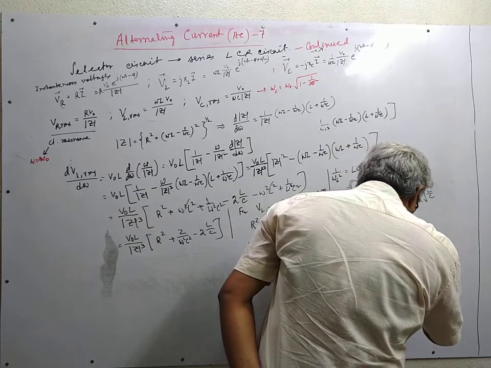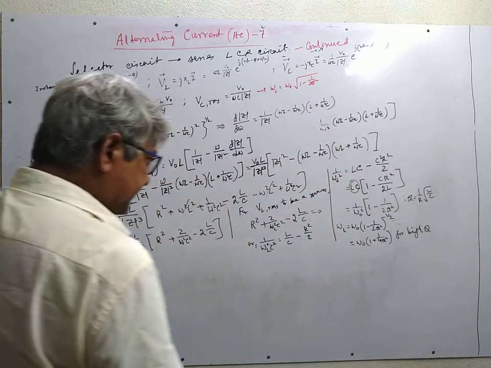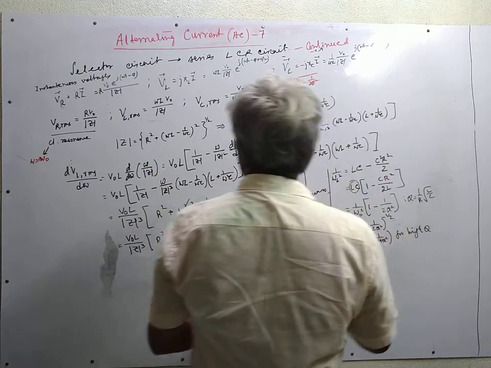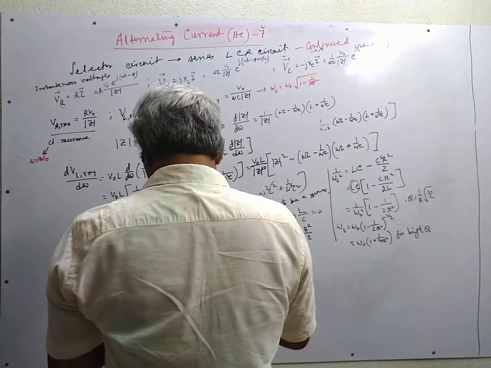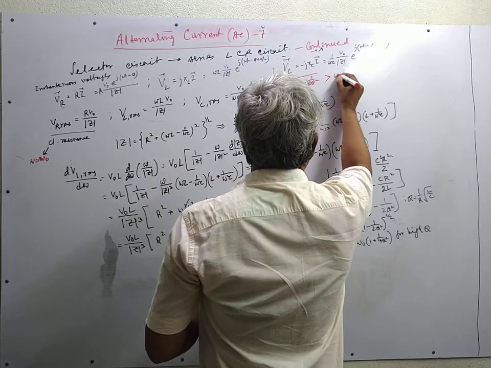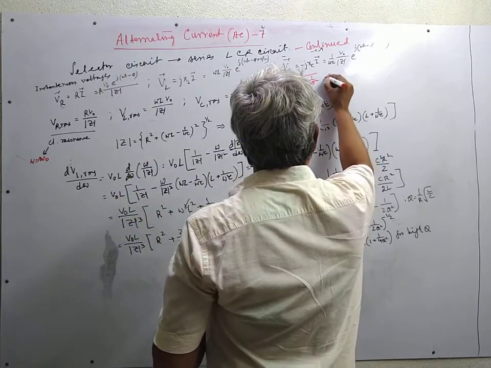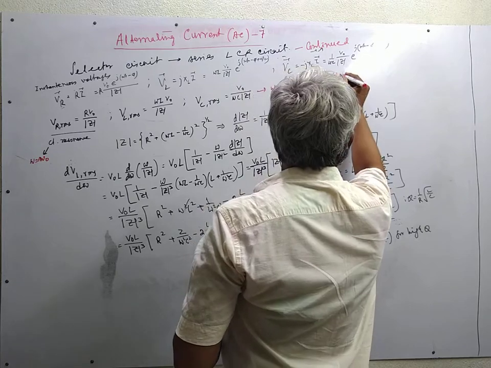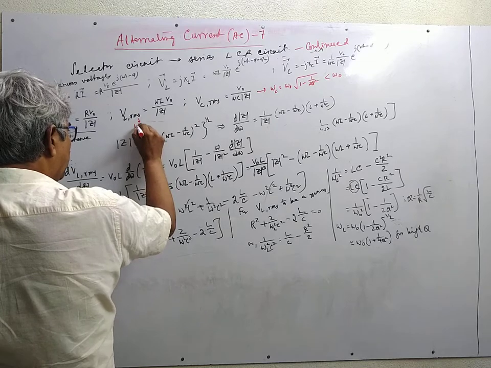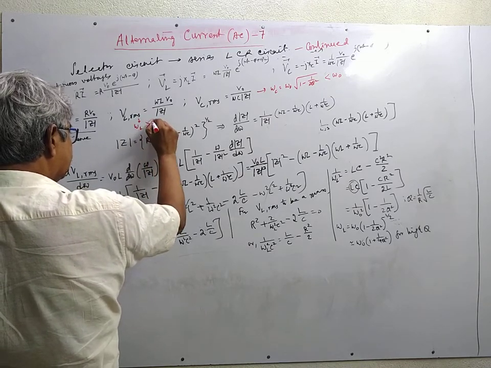For low Q, this result is not valid. But whatever may be the result, it is found that omega L is greater than omega 0, and this resonance occurs at omega L greater than omega 0.